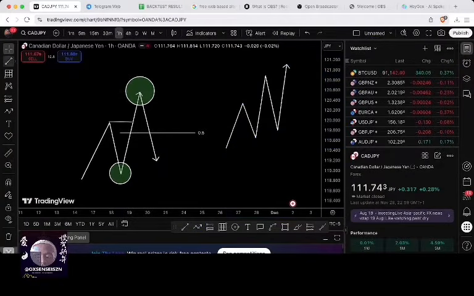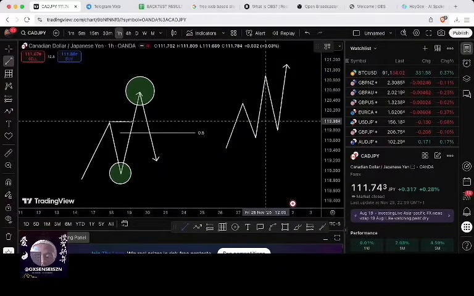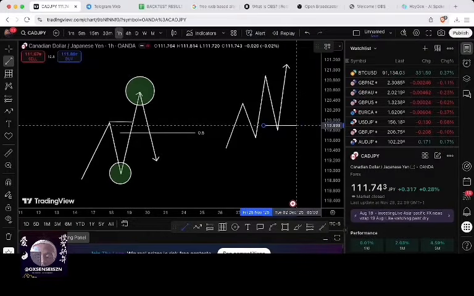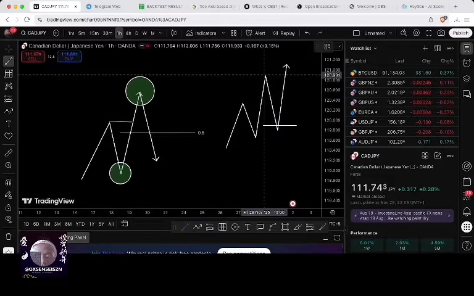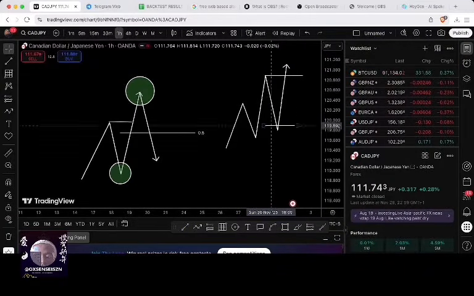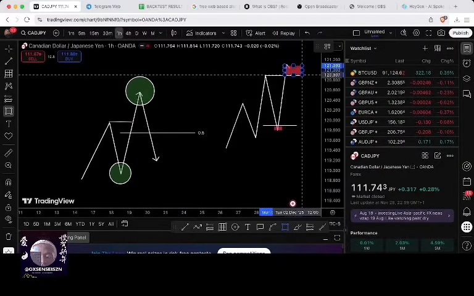So when we're inside a range, we want to take out internal range liquidity, to get to the external range. We purge internal range liquidity from this zone, and then we head to take out external range liquidity from here.